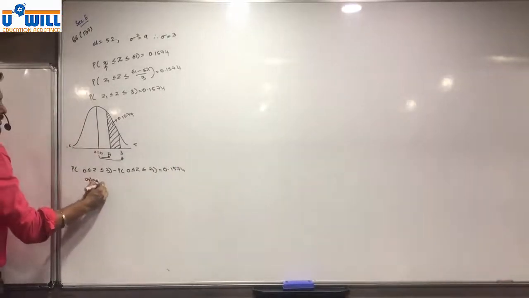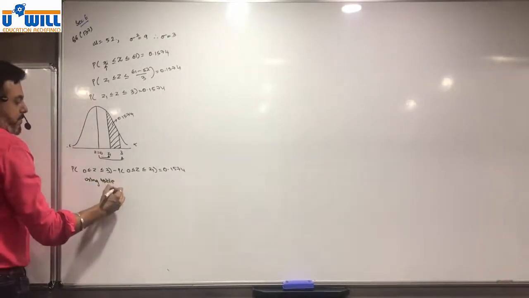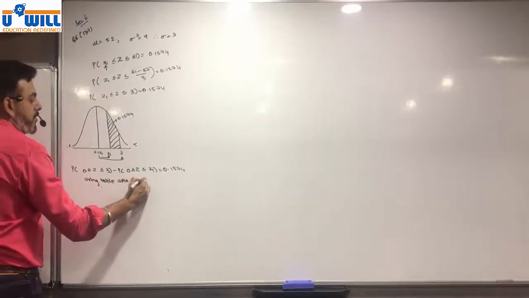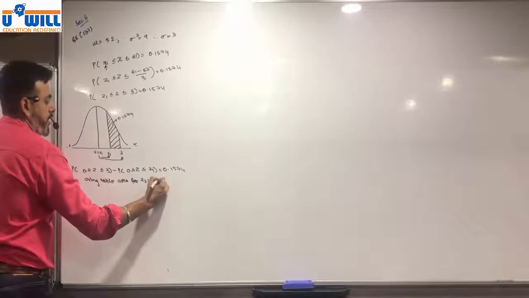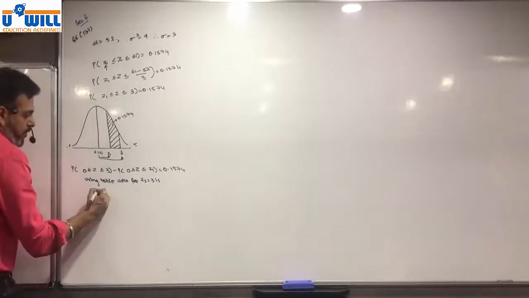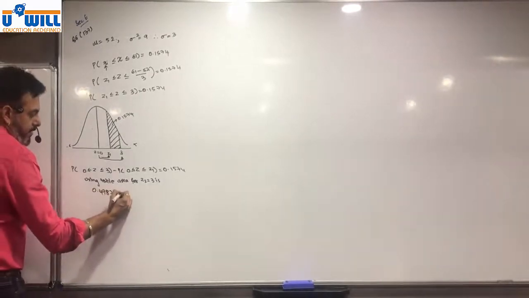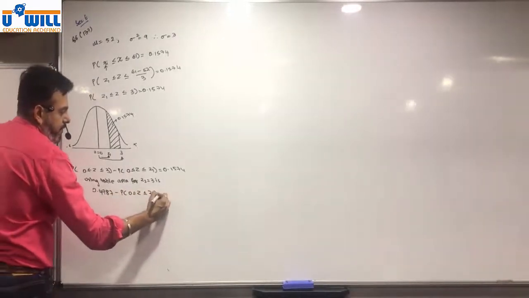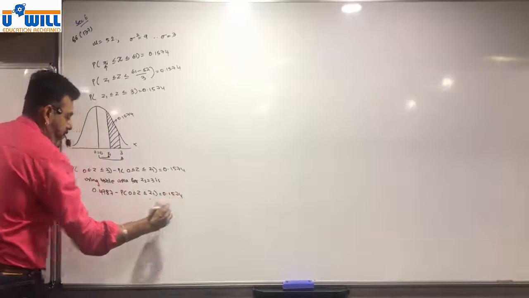Using table, area for z equal to 3 is 0.4987. So 0.4987 minus probability of z greater than equal to 0, less than equal to z1, is 0.1574.